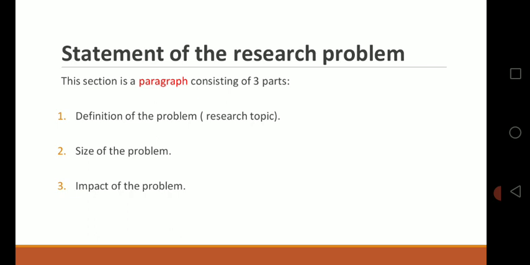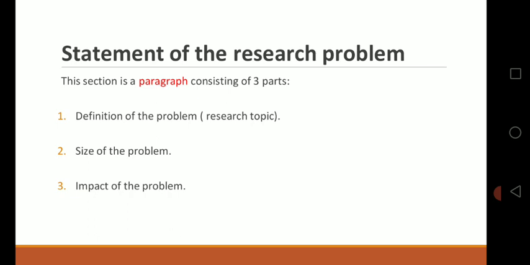Okay? The statement of the research problem should contain at first the definition of the problem or the definition of your research topic. Then it should contain the size of the problem or the size of your study topic. Then it should contain the impact of this problem or of this topic on the community or worldwide.